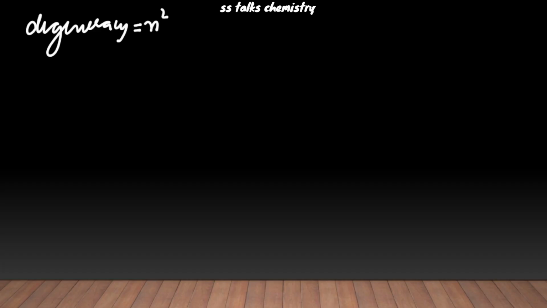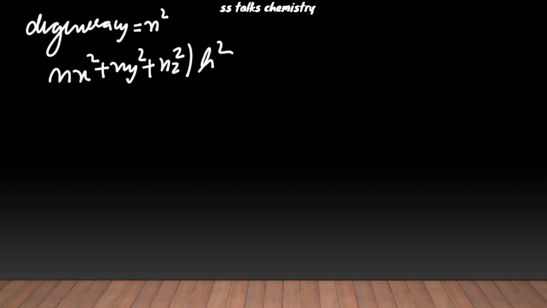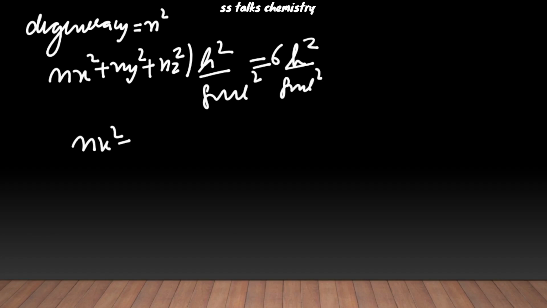In the cubic box, nx square plus ny square plus nz square, into h square upon 8 m l square, is equal to 6h square upon 8 m l square. That means nx square plus ny square plus nz square is equal to 6.